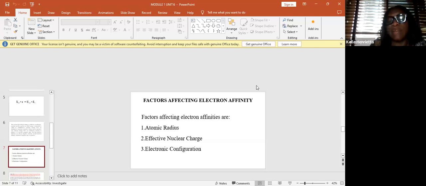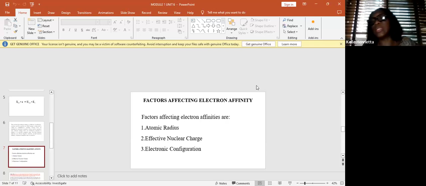Now, for electron affinity, as you go across the period, remember that the electrons keep on being added to the same shell.